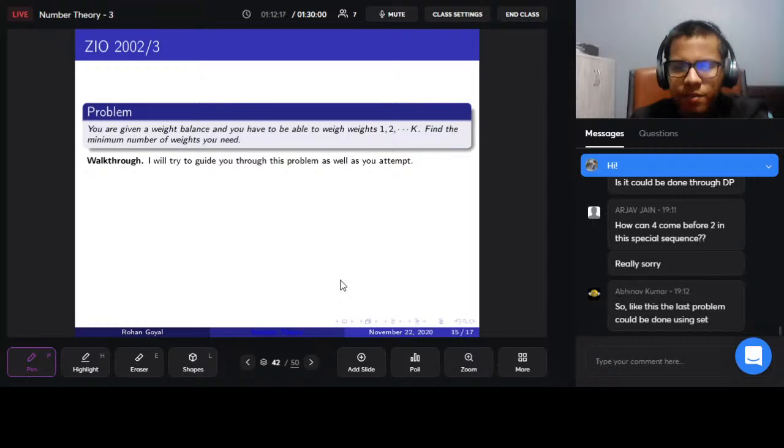This is the last problem we'll be trying today. Maybe this is a very common trope and a very common idea that you may have seen before, but still, you should try this. What's the intuition on this when you try it?